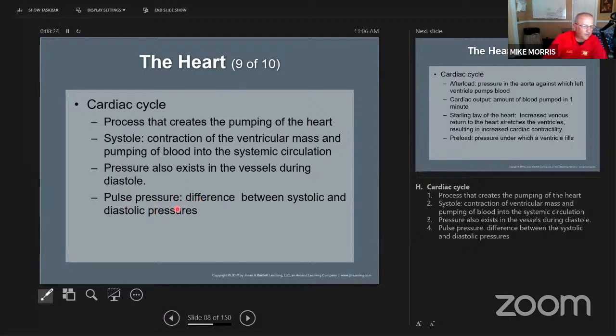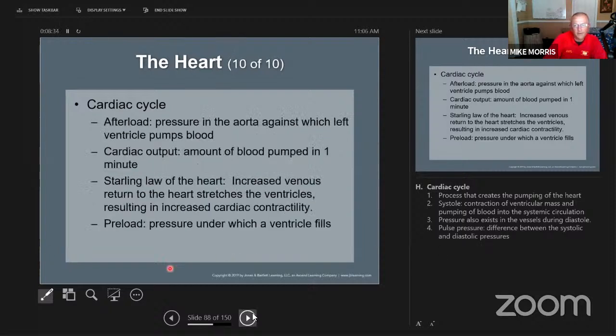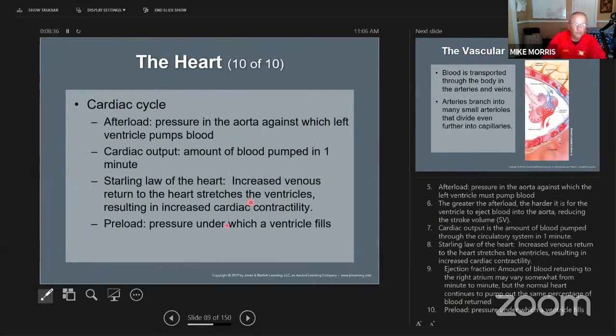And then the pulse pressure, the difference between the systolic and diastolic blood pressure. And then your favorite term, afterload. We love it so much. It's the pressure in the aorta against which the left ventricle pumps.